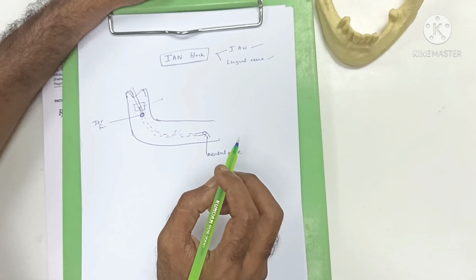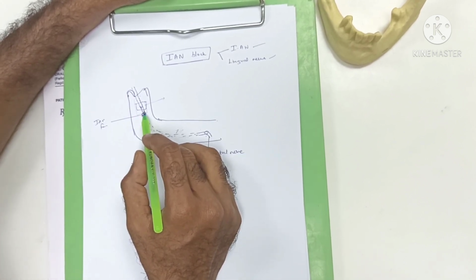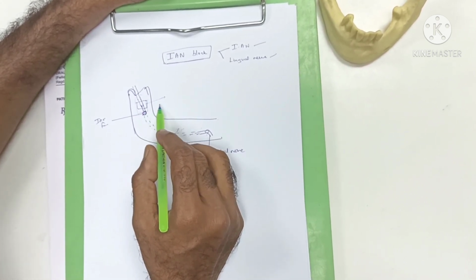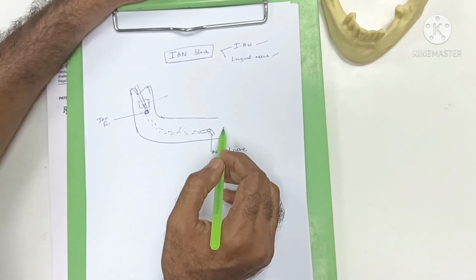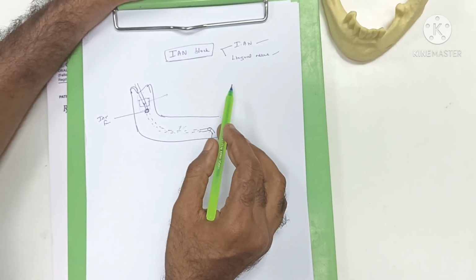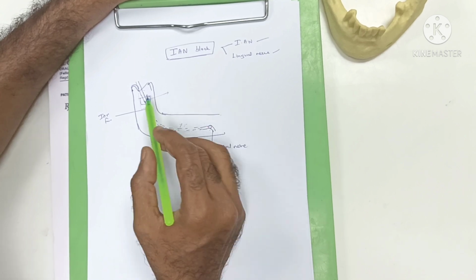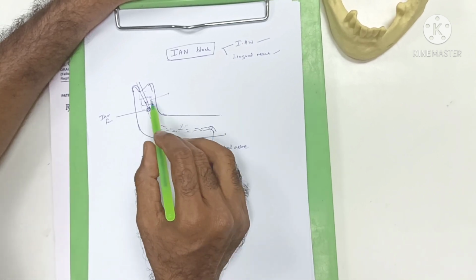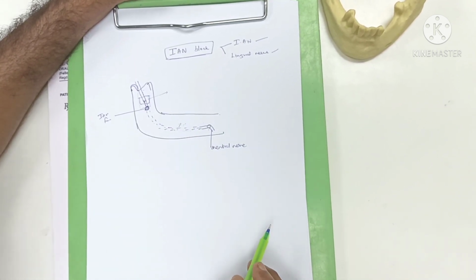The problem is it is deep within the tissue. The mental foramen is superficial, and the infraorbital nerve is superficial, but here it is quite deep. That is why we have difficulty in achieving an inferior nerve block.